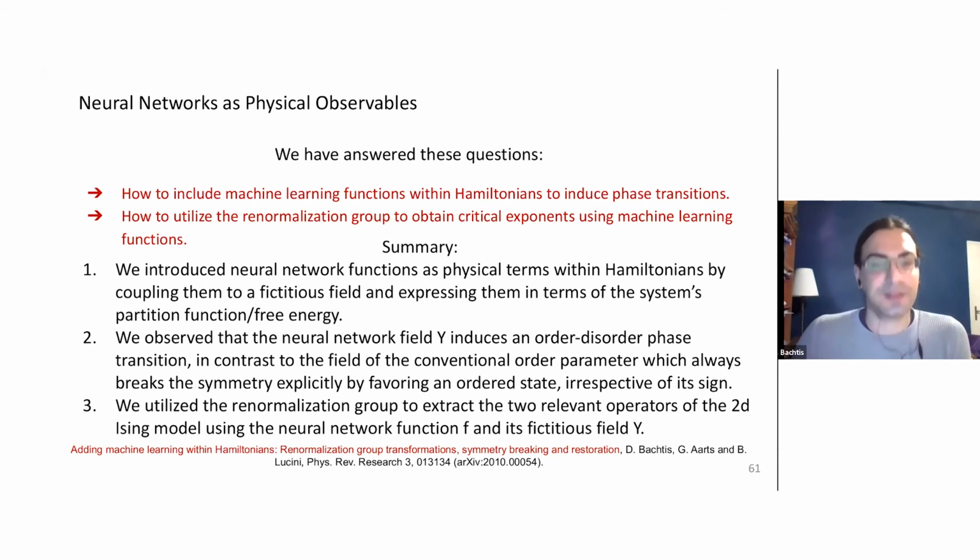And we also observed that the neural network field Y is able to induce an ordered-disordered phase transition, which is in contrast to the field of the conventional order parameter, which always breaks the symmetry explicitly by favoring an ordered state in the system, irrespective of the sign that it has. And we also utilized the renormalization group to extract the two relevant operators of the two-dimensional Ising model using the neural network function and its fictitious field Y.